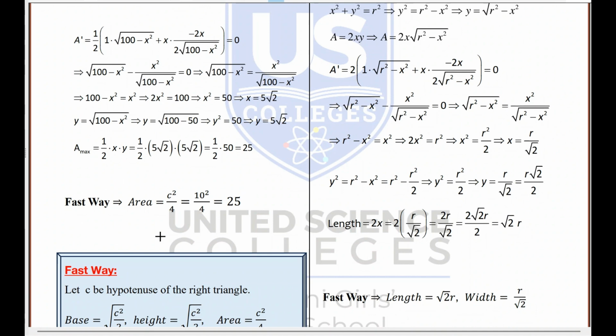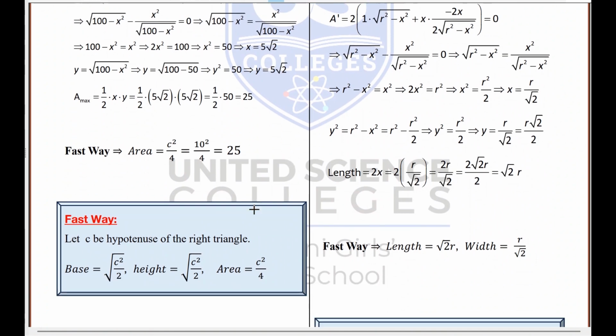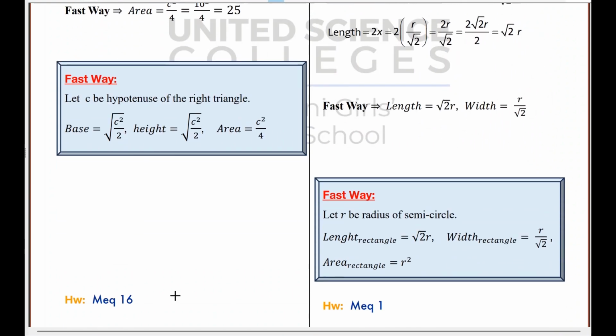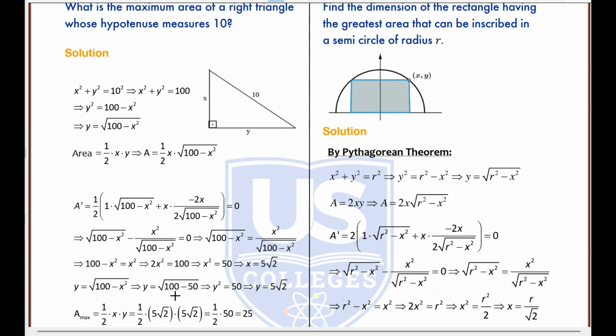So this is how we find the area in just one step by memorizing the formula, or the fast way, whatever you call it. Okay, what if it asks about the base or the height? The formulas for base and height are the same, square root of c squared over 2 for both. There's just one ministry exam question about this type.